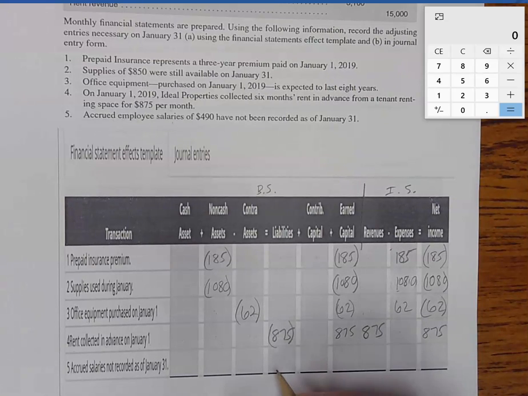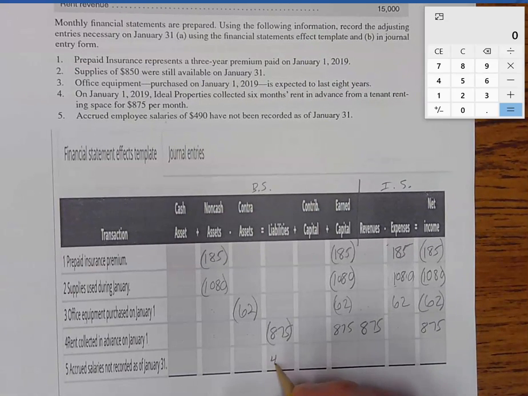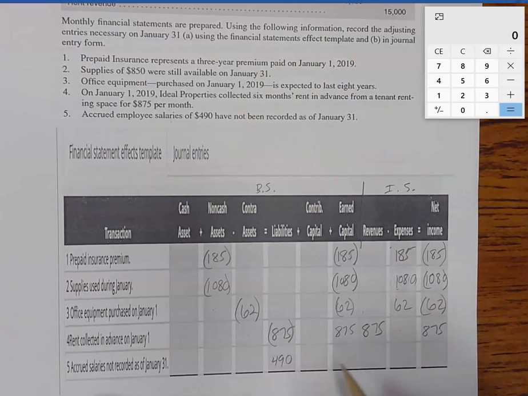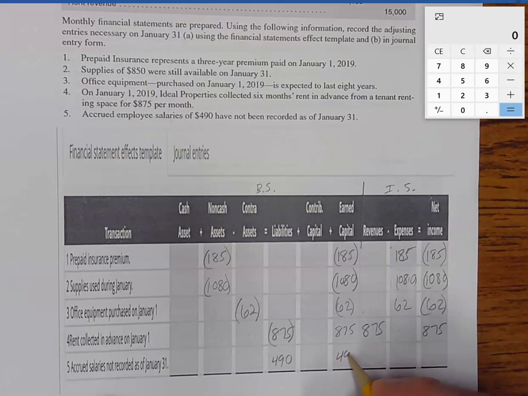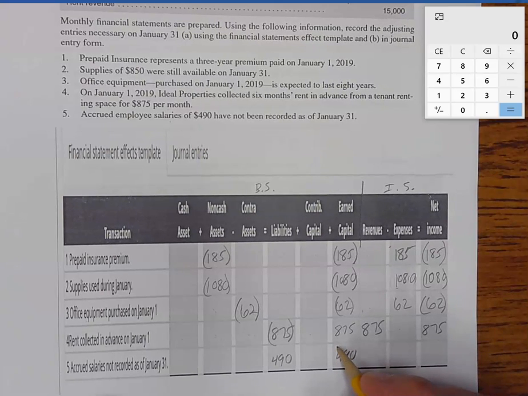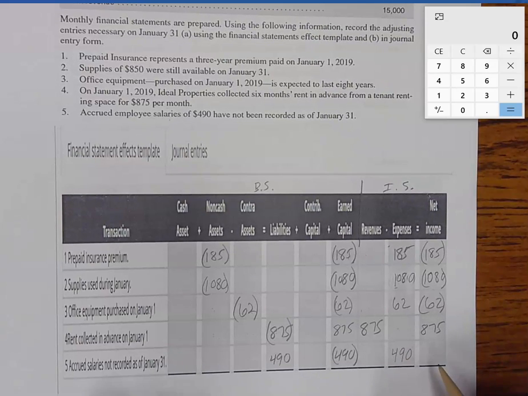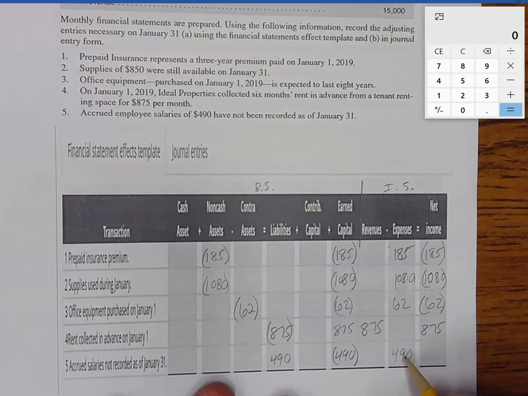All right. So we have a liability that is going up. And we didn't increase an asset at the same time. So we have a $490 hit to our earned capital. Over here on the income statement, we would recognize this like a salaries wage expense for $490.